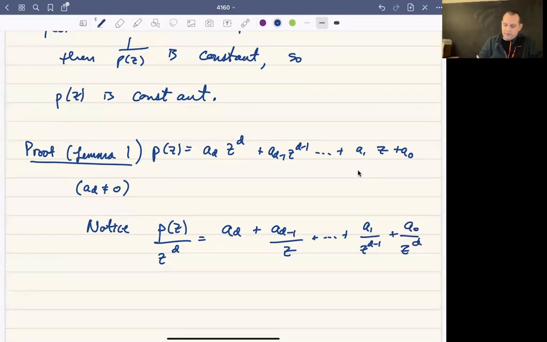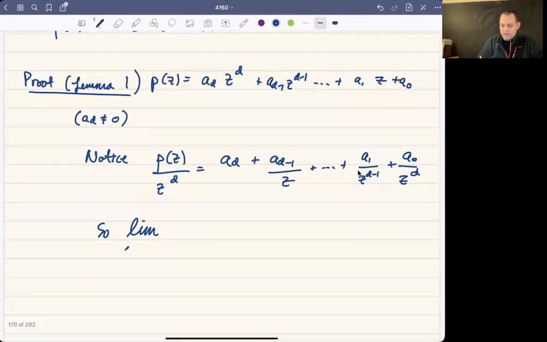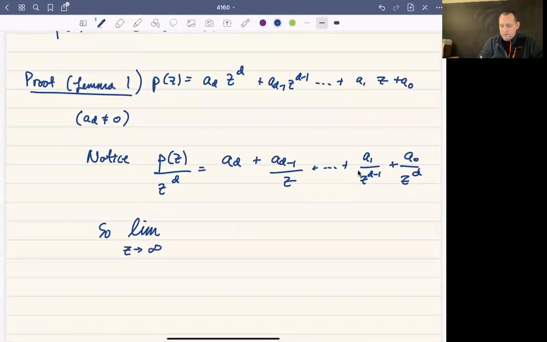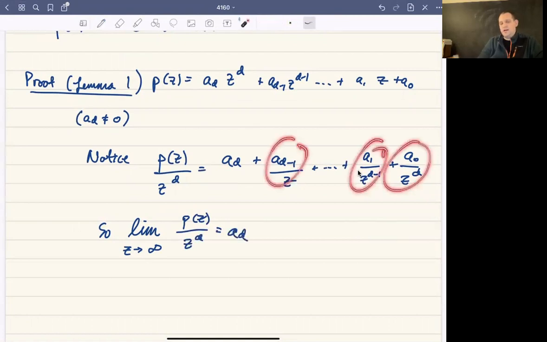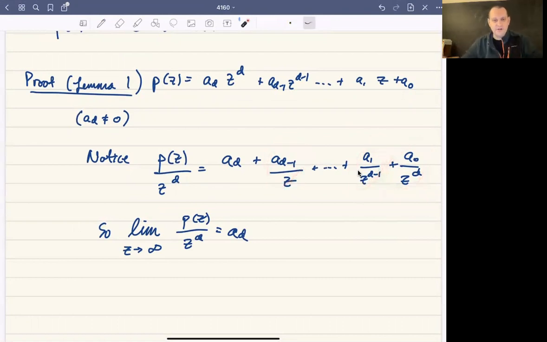In particular, this tells us that the limit as z approaches infinity of p of z over z to the d is going to be a sub d, because each of these fractions with a power of z in the denominator goes to 0.